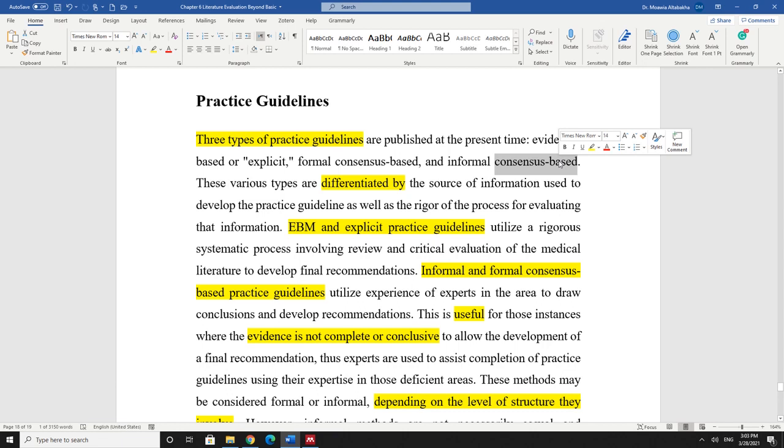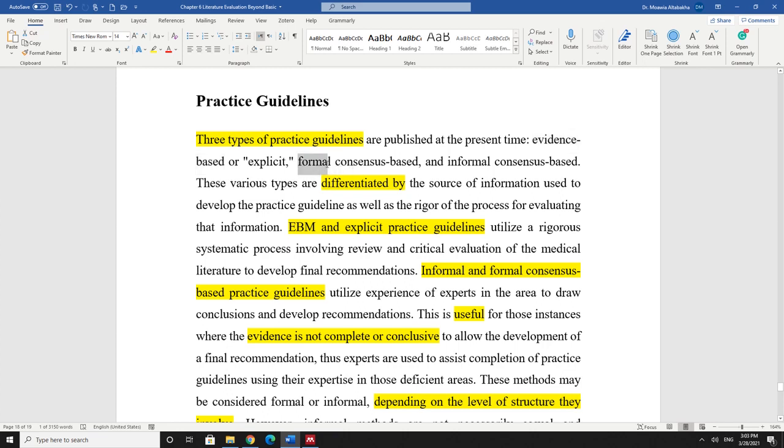Let me talk a little bit about formal and informal. They are useful when there is no clear evidence. The evidence is weak, meaning there is nothing clear. In these cases, we rely on the opinion of experts to develop a practice guideline.